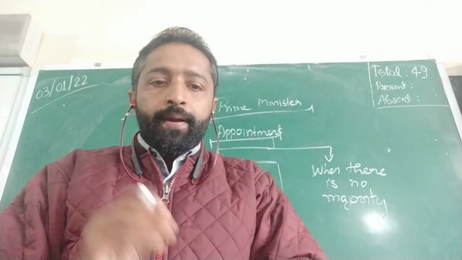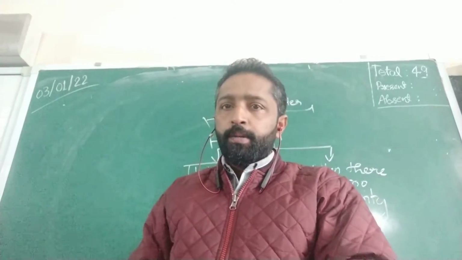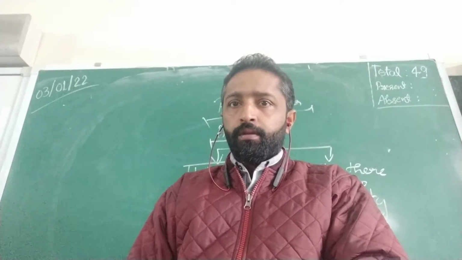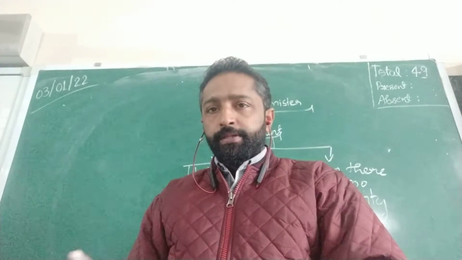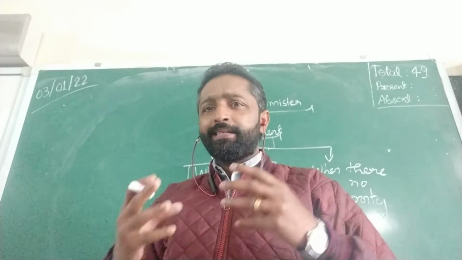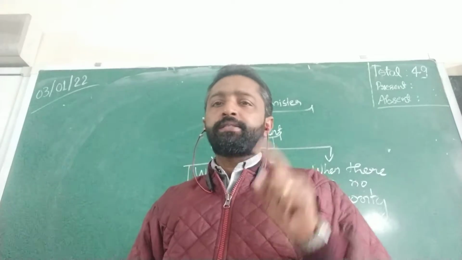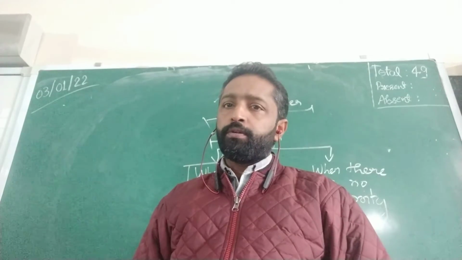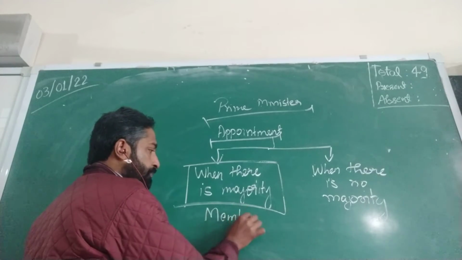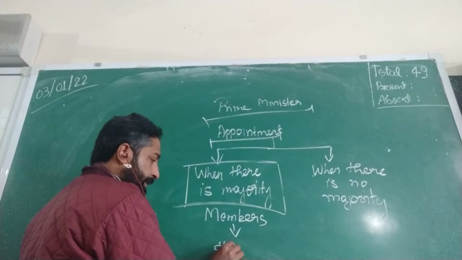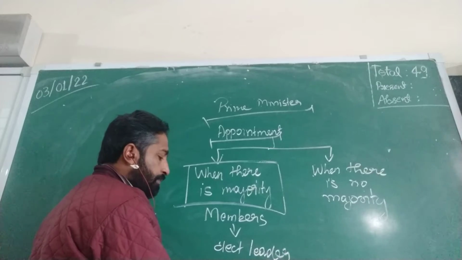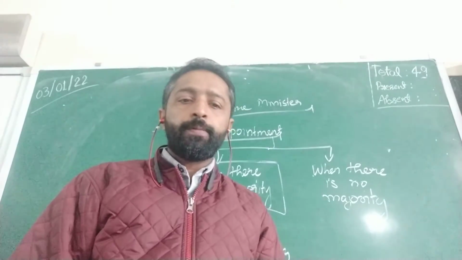So the members of the majority party will come together and elect a leader, who is to be appointed as the Prime Minister of India by the President of India.